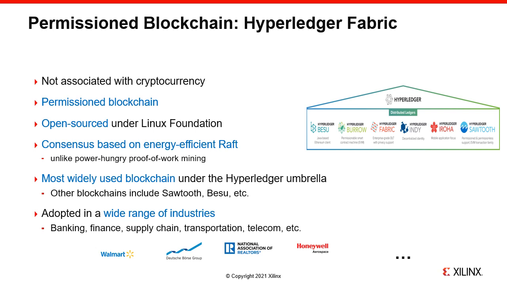We chose Hyperledger Fabric as the starting point for many reasons. Its consensus is based on energy-efficient Raft. It is an open source project under the Linux Foundation, the most widely used one under the Hyperledger umbrella, and it is adopted in a wide range of industries.